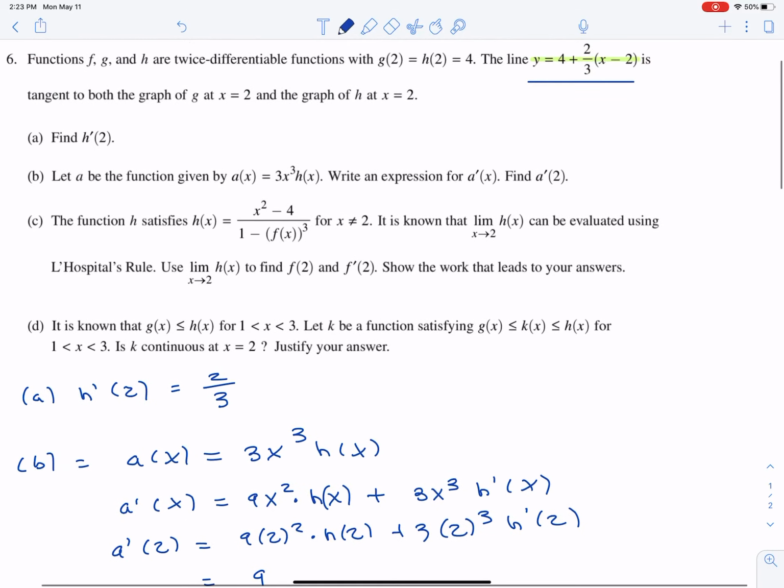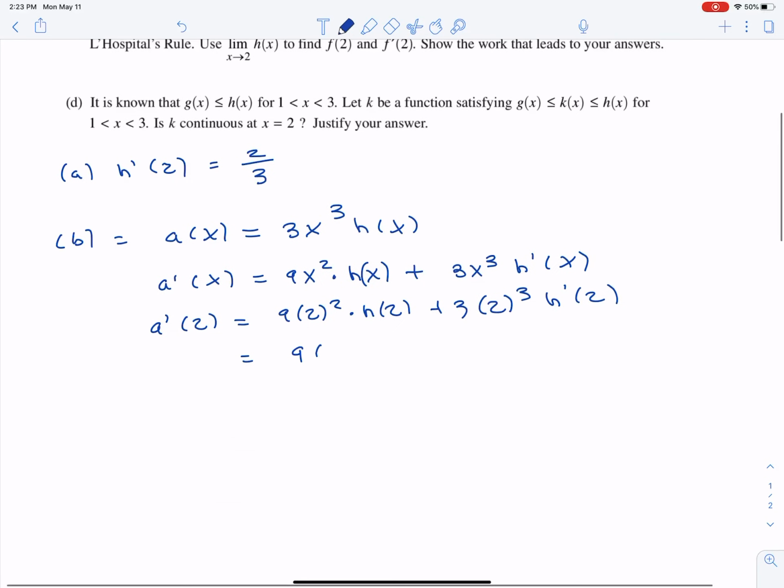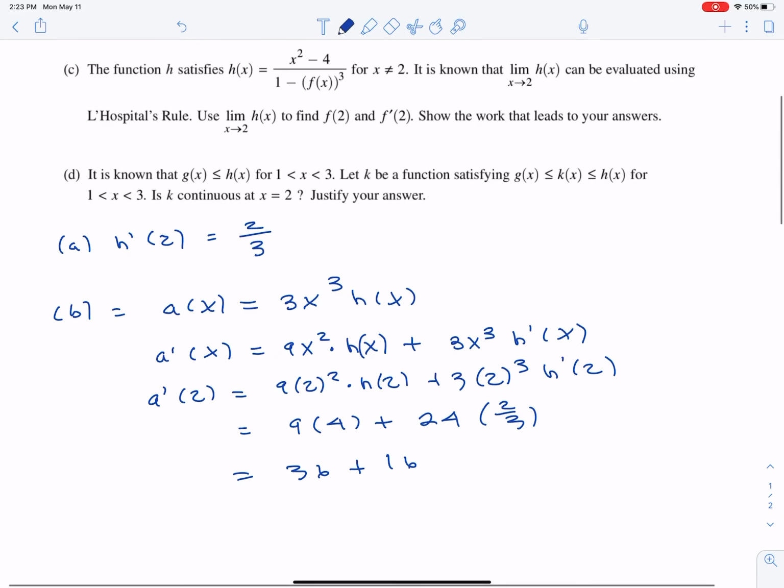Let me just double check. H of 2 is equal to 4. And then 2 cubed is 8. 3 times 8 is 24. And then h prime of 2 we've already found is 2/3. So we get 36 plus 16, which is 60. So again, very reasonable questions.